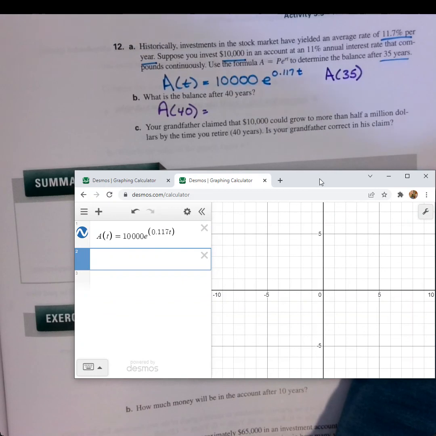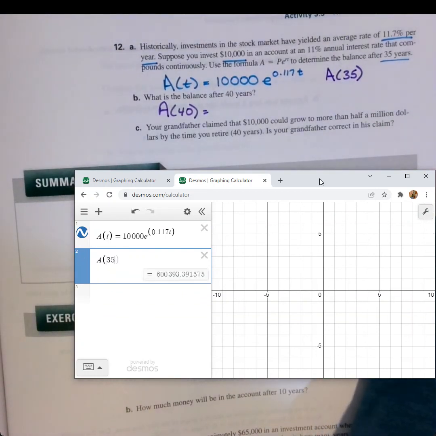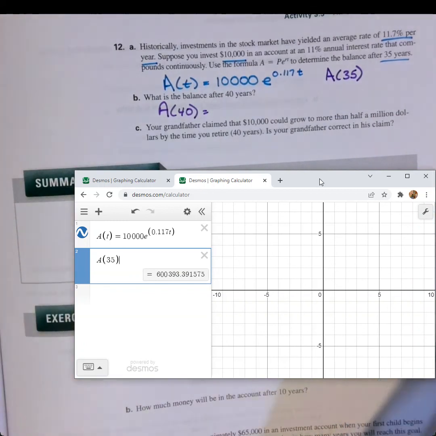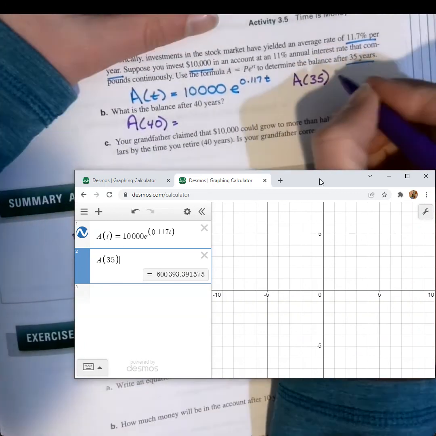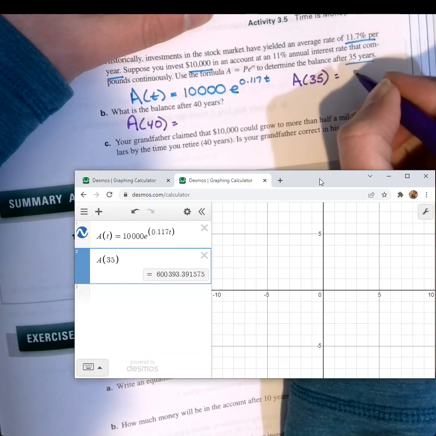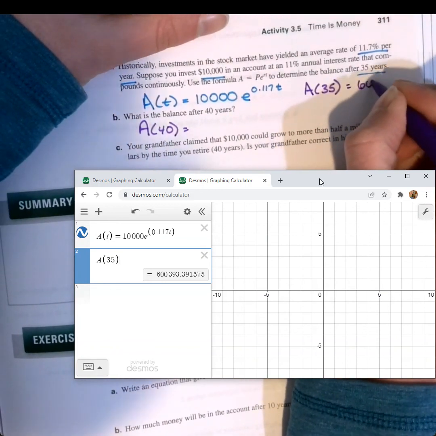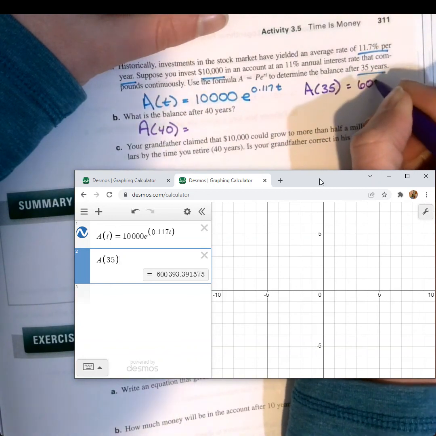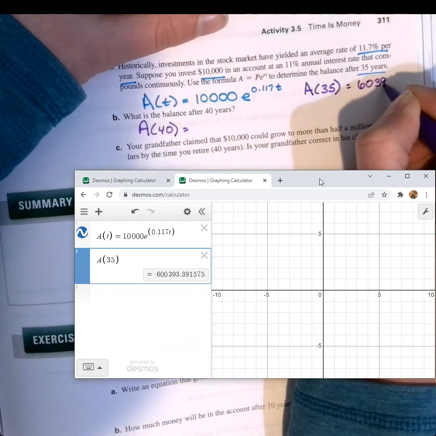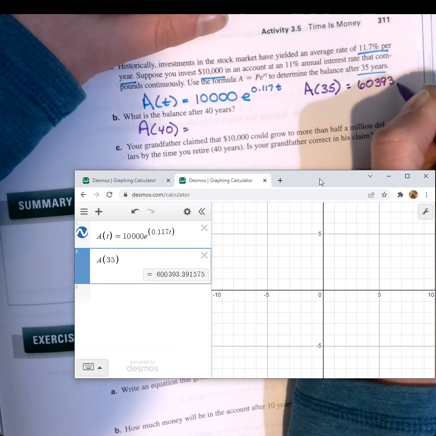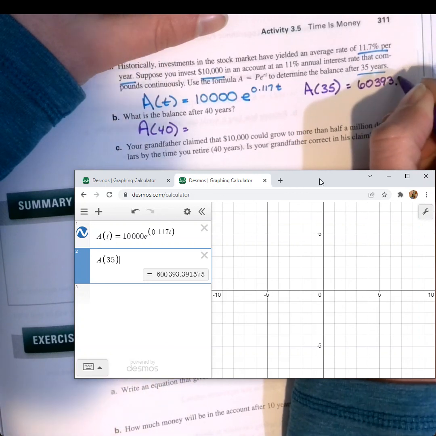All right, so there's my formula, and we want to evaluate A of 35. So after 35 years, a $10,000 investment would have grown to, whoa, $60,393.39.